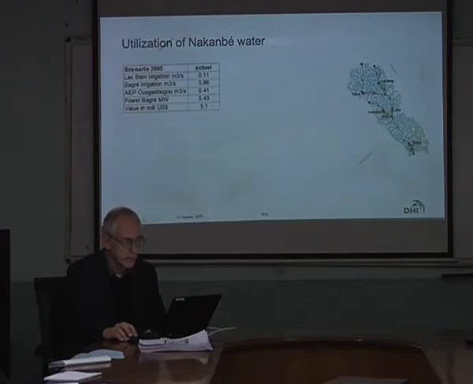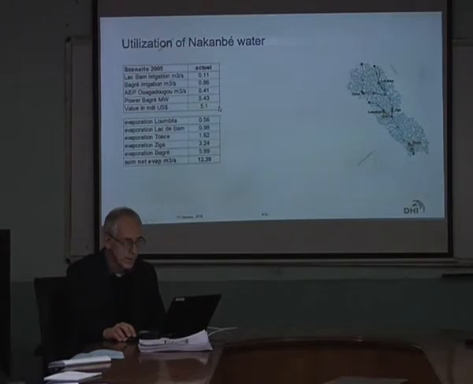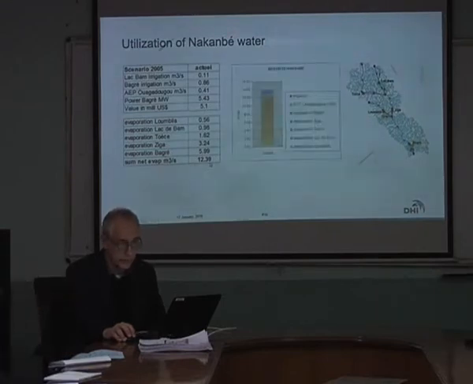The power, that's in megawatts, down here is 5.43, and the value of the power is a bit more than $5 million. The evaporation, also in cubic meters per second, from the different reservoirs, adds up to 12 cubic meters per second on average.